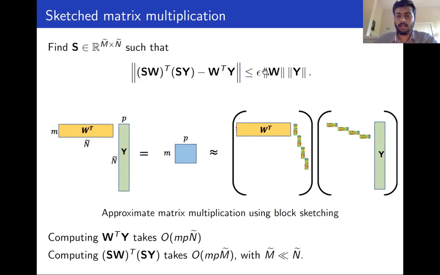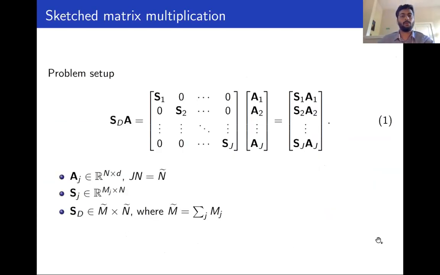So the error is going to be within an epsilon of the product of spectral norms of W and Y. The question of interest is, how big does m tilde have to be? We already know this answer when the sketching matrix is not block diagonal, but we don't know how big it needs to be when it is block diagonal, and if we have to pay anything extra. So that's what we're going to look at.